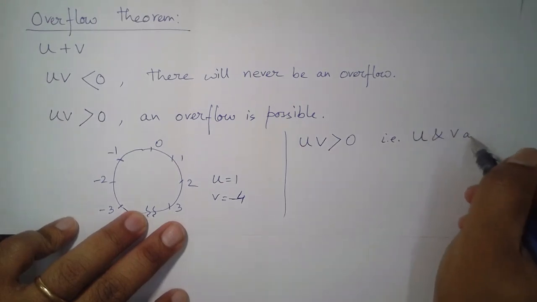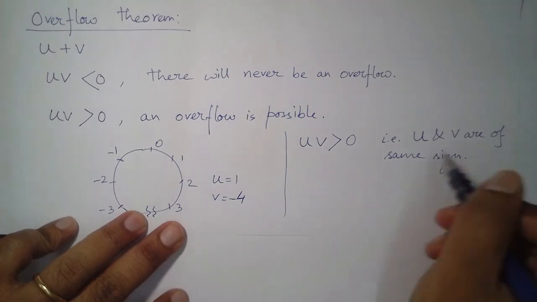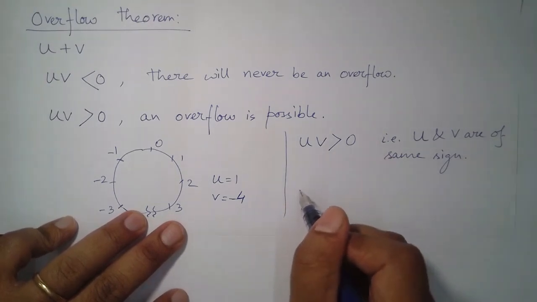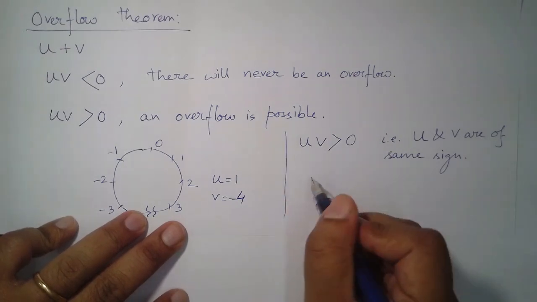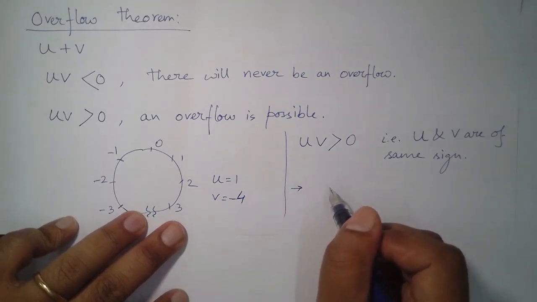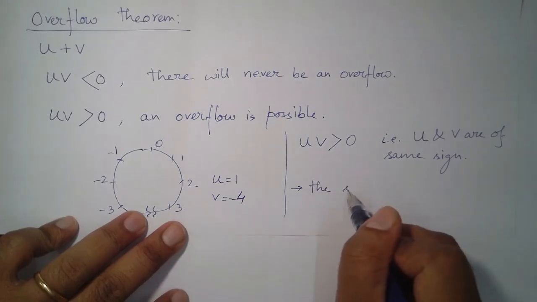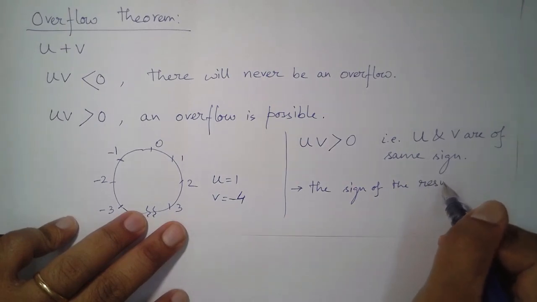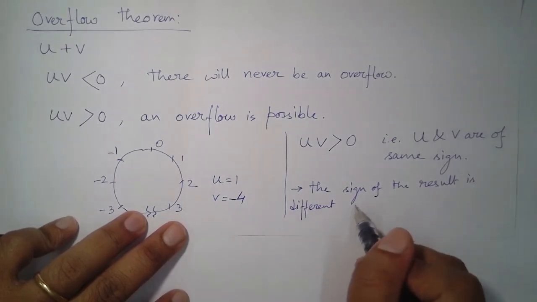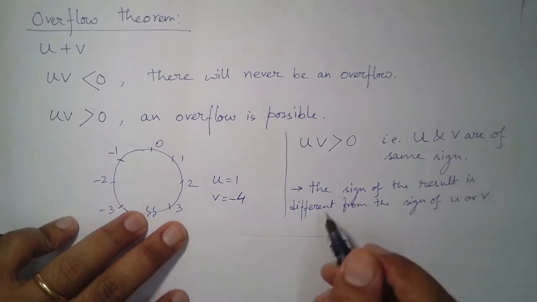If that is the case, and the result which you get by adding u plus v has a sign that is different from the sign of u or v, then there is an overflow.